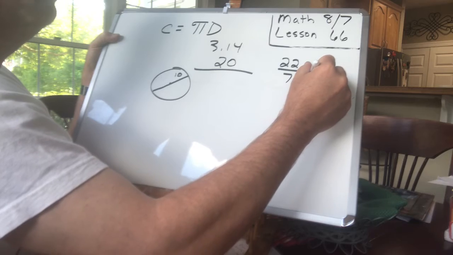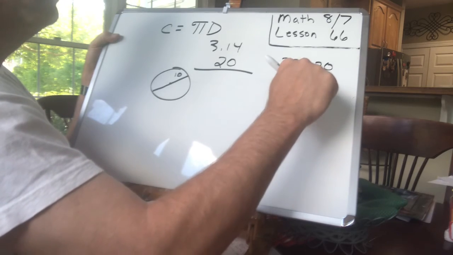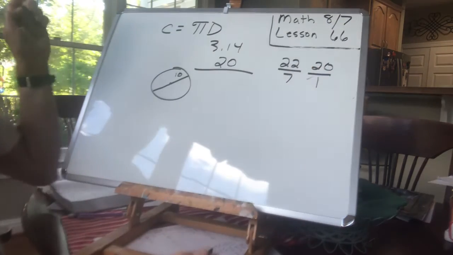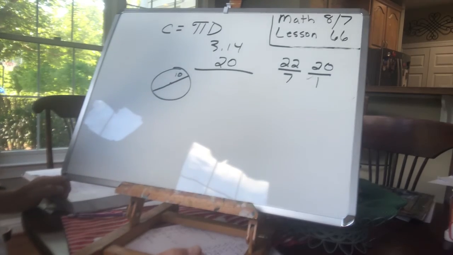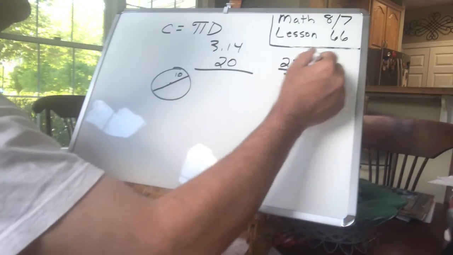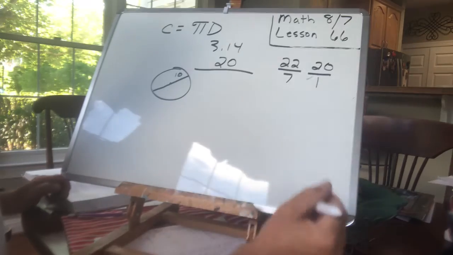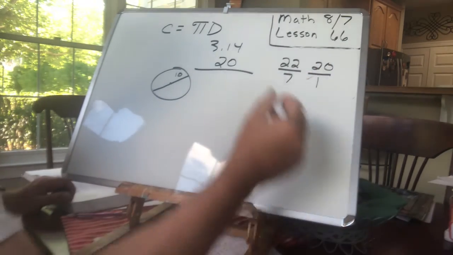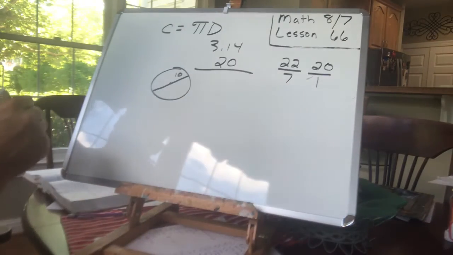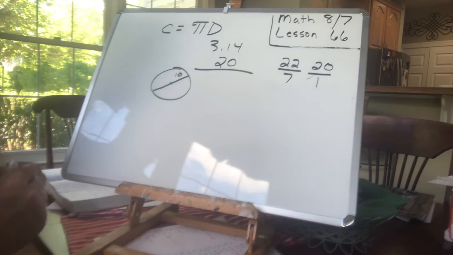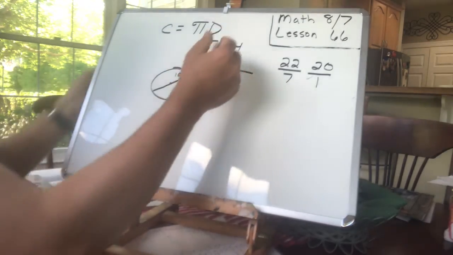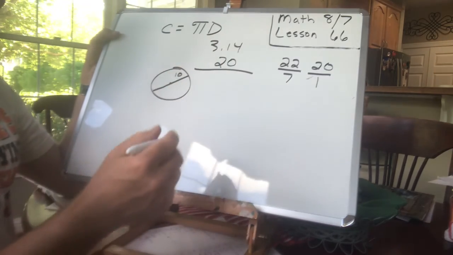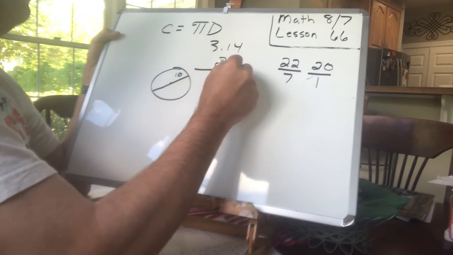Now, if I'm multiplying fractions, I cannot reduce this one right here. So I got to multiply 22 times 20, and then it's going to be over 7, which is a ugly number. If I'm multiplying 3.14 times 20, then I multiply it out.